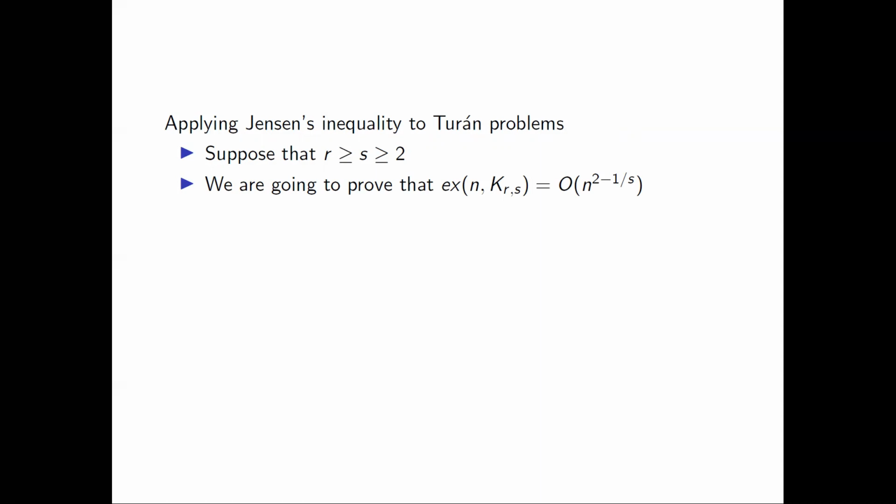The bound that we're going to prove is the Turan extremal function of n comma K_{r,s} is big O of n to the 2 minus 1 over s. In other words, there exists some constant c such that we can bound that Turan extremal function with an upper bound of c times n to the 2 minus 1 over s.